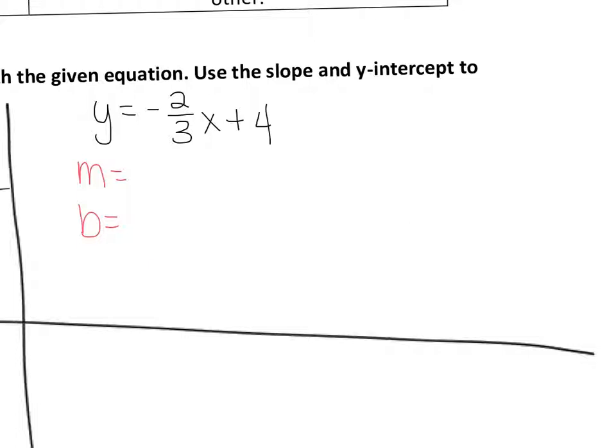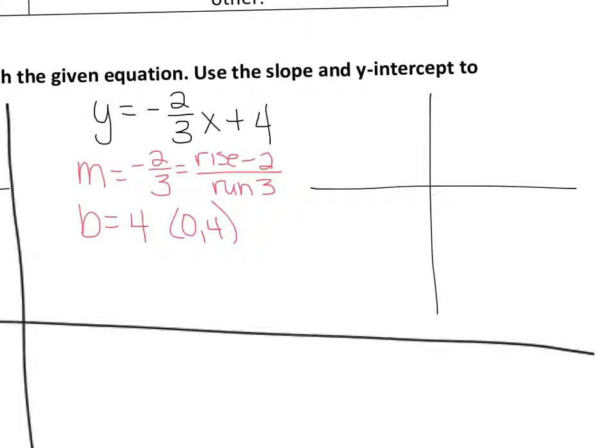If you look at x, the number in front is negative 2/3. If we want to interpret this as a slope, we're going to say we will rise -2, run 3. My y-intercept is a +4, so we can just call it a 4, or as a point it would be (0, 4).